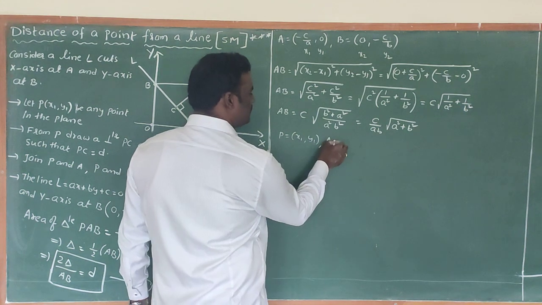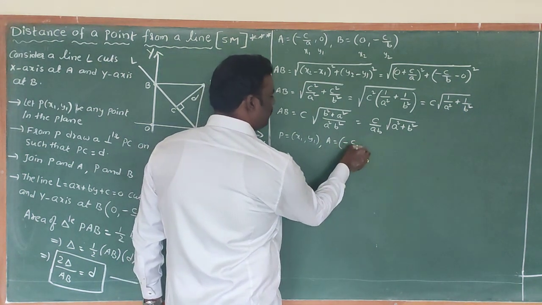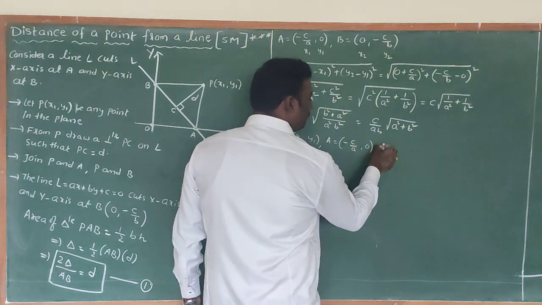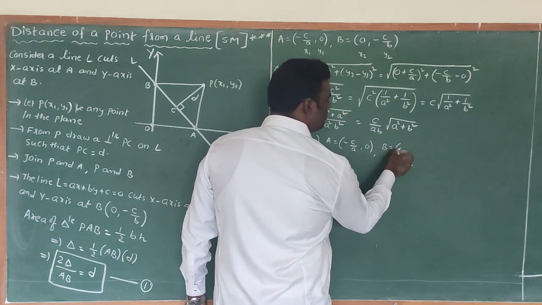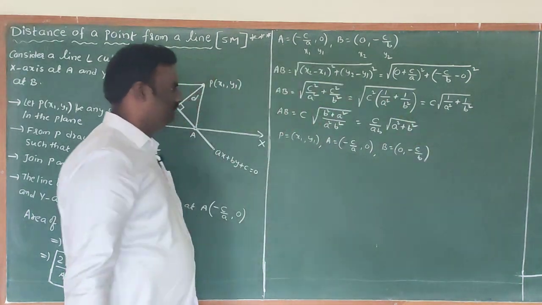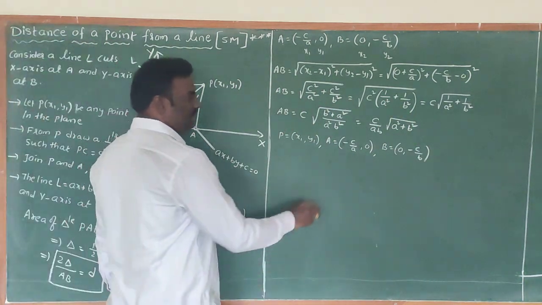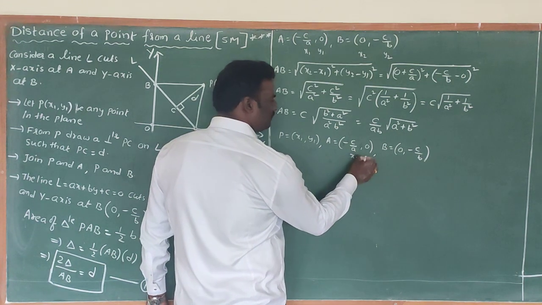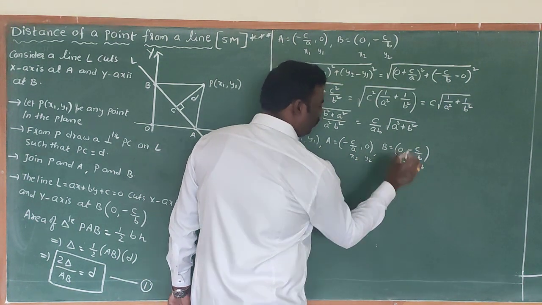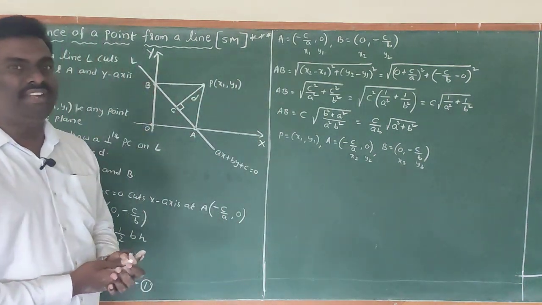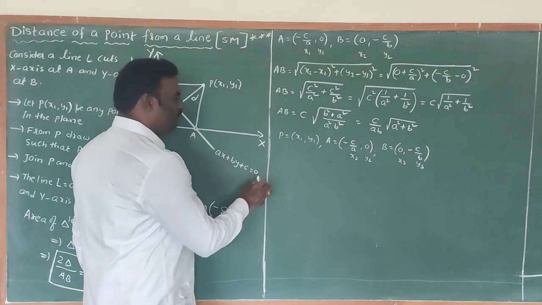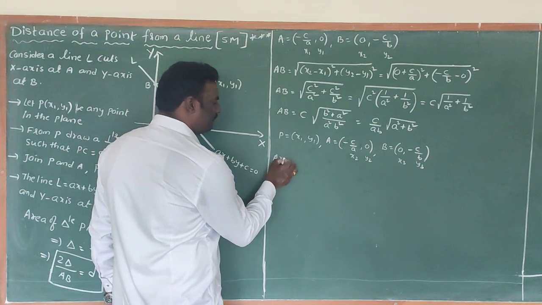A point is minus C by A comma 0. B point is 0 comma minus C by B. Okay. Now this is x2 y2 and this is x3 y3. We know the vertices of a triangle.